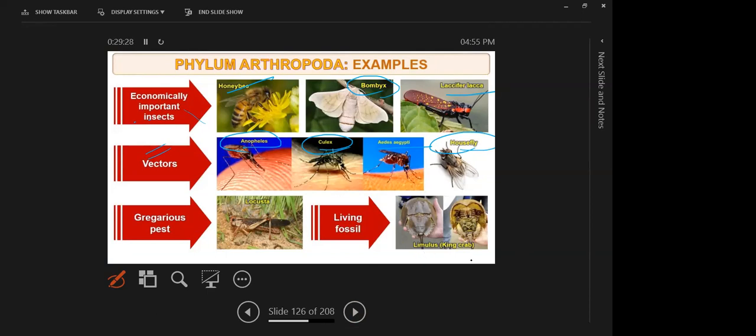Ginkgo biloba, I had told you. Ginkgoales in gymnosperms is the only living member of the order Ginkgoales. So that's why they are called living fossils. Similarly, Limulus, the king crab, is the only species present there.